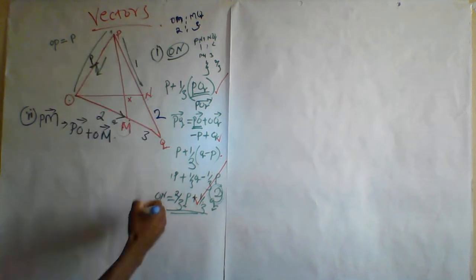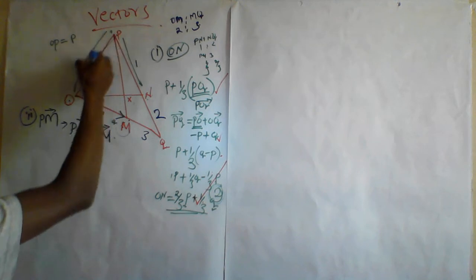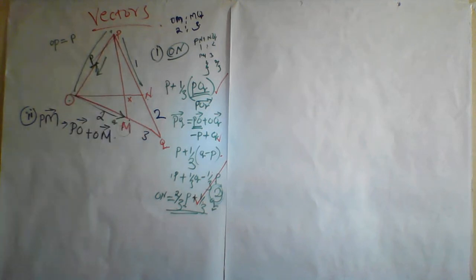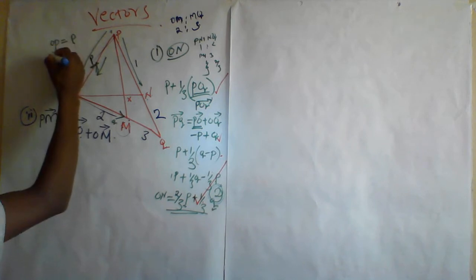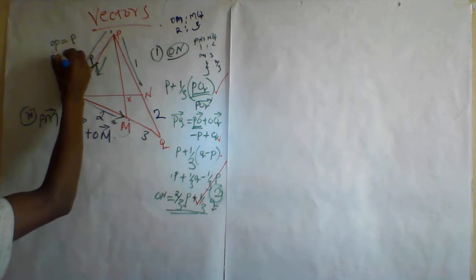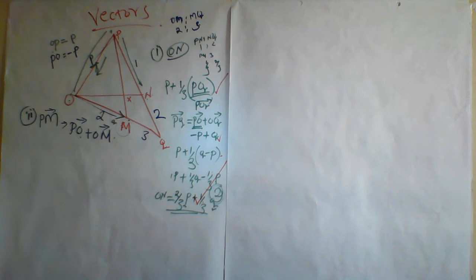Don't follow a straight route. No. Come there by direction. Then we know PO, we said OP is P, so it means PO is negative P. Simple as that.